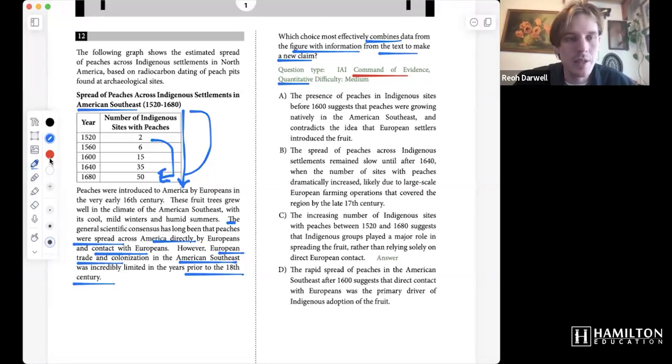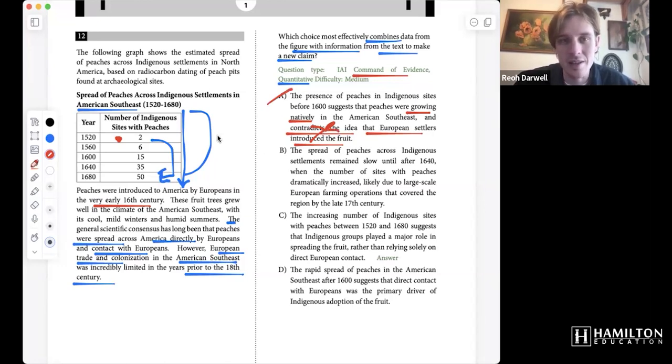Okay, so let's see what's wrong in some of our answer choices. We know that these are not growing natively, and we're not contradicting the idea that European settlers introduced the fruit. Peaches were introduced in the very early 16th century. We see here the very early 16th century is the first time we see any sort of peaches, and it's only two. So they weren't growing natively.